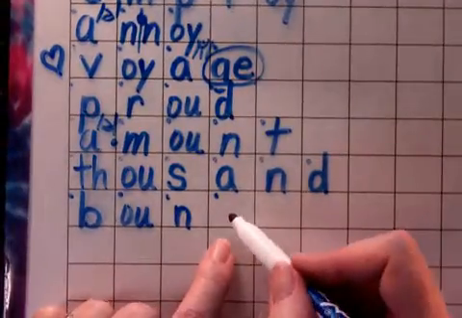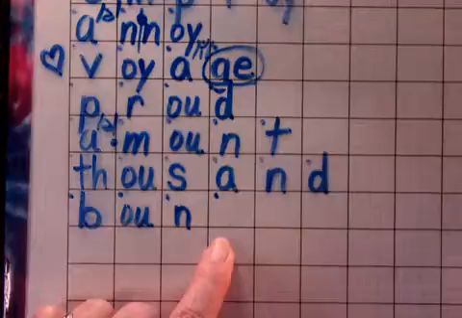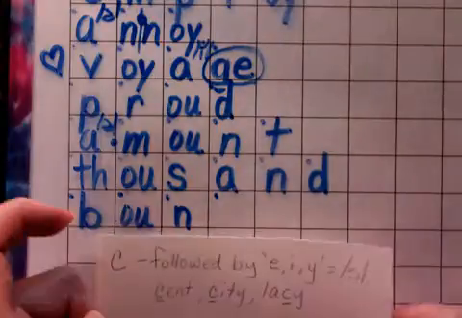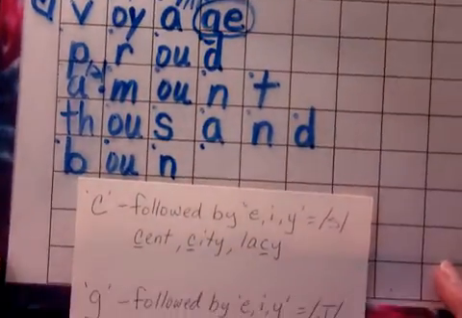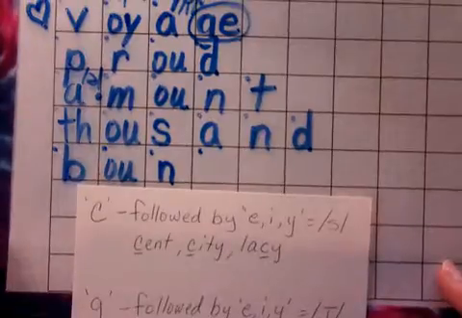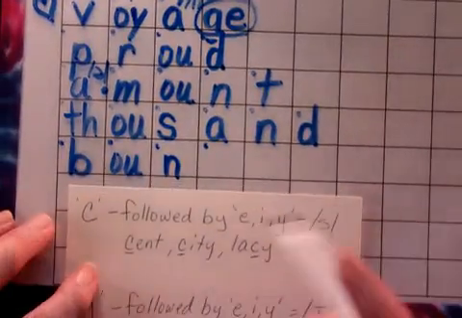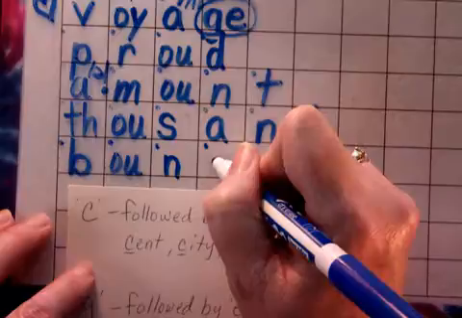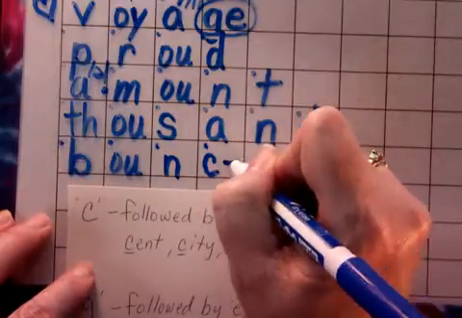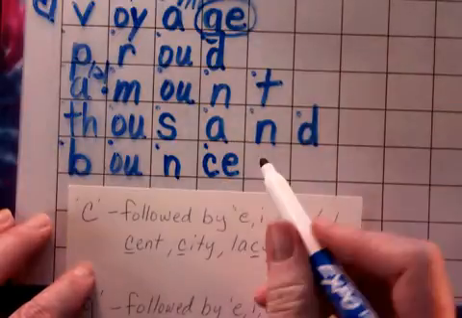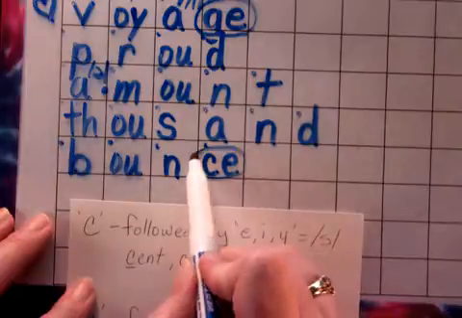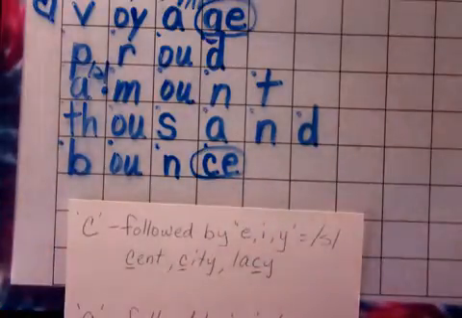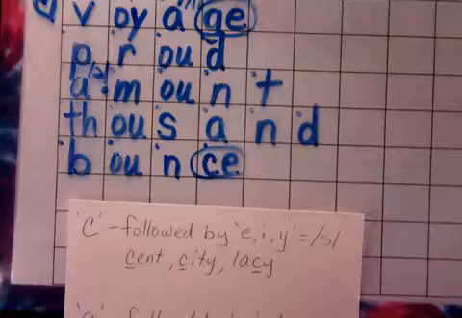This word does not have an S at the end. We have this rule again. C followed by an E, R, or Y will say the S sound. Bounce. Spelled with a C and a silent E. We'll circle the C and the E so that we remember that they're working together to make the S sound.